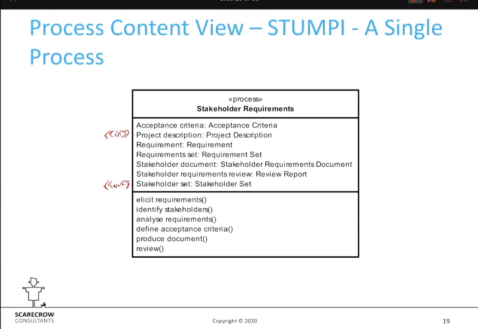And to take it to another stage even further, you can also put those artifacts as inputs and outputs on the actual activities. So the identify stakeholders activity, for example, the output of that is going to be, I'll just do SH for stakeholder, the stakeholder set. So you can start to tie even more together on this diagram if you want to.